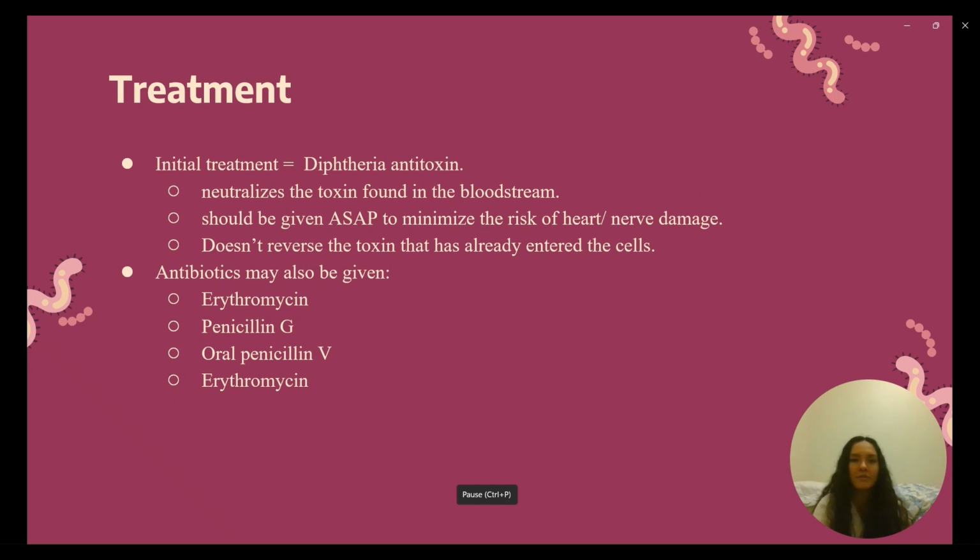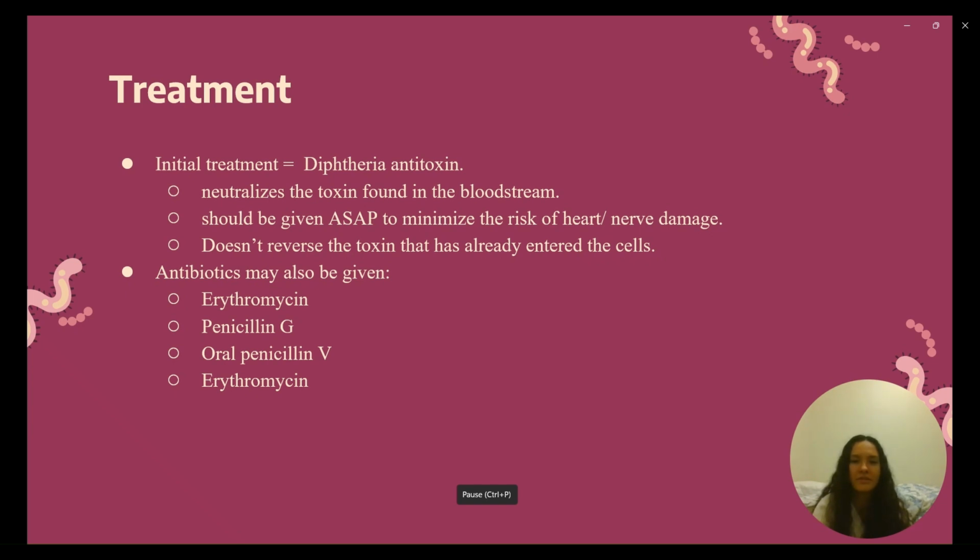The initial treatment for diphtheria is the diphtheria antitoxin. The diphtheria antitoxin neutralizes the toxin found in the bloodstream. The diphtheria antitoxin should be given as early as possible to minimize the risk of heart and nerve damage.